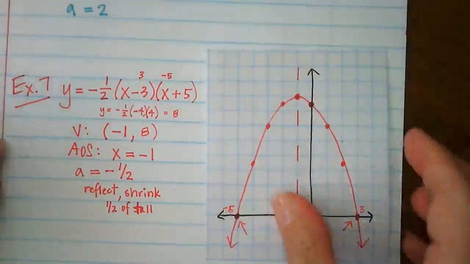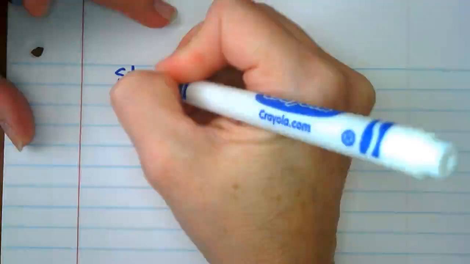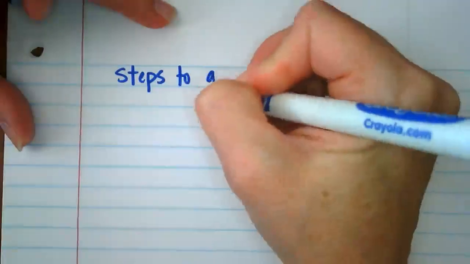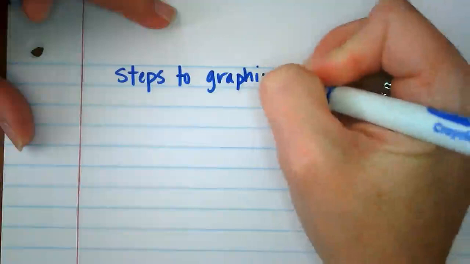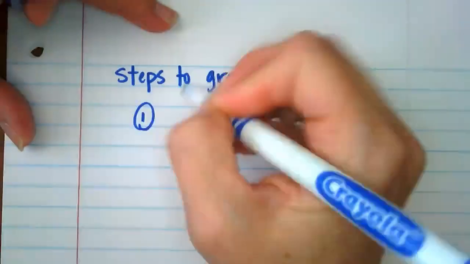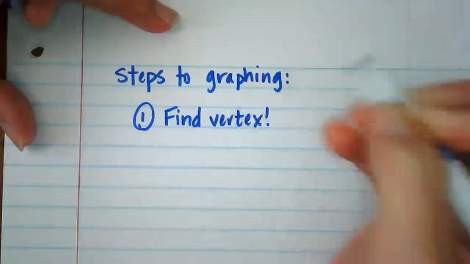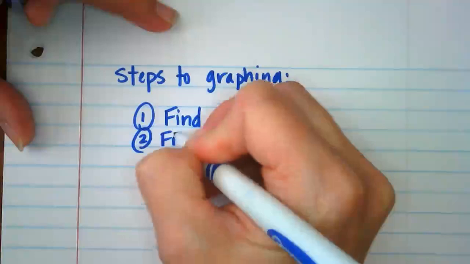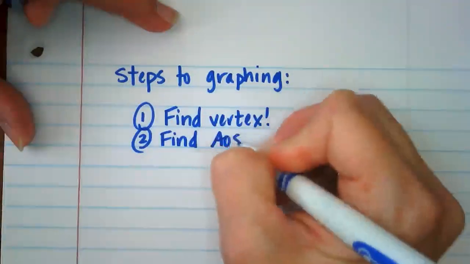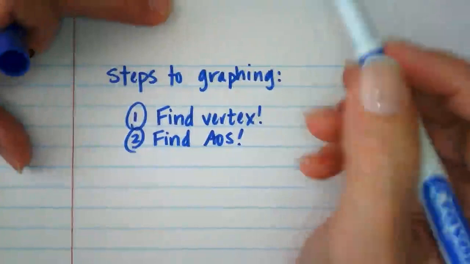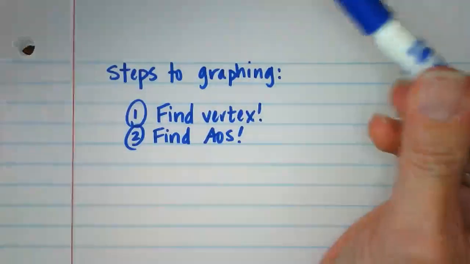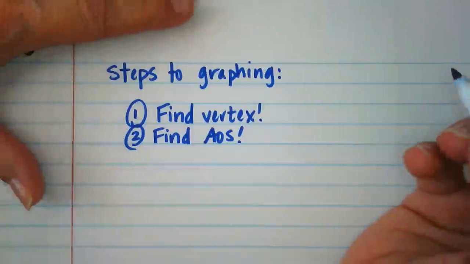So just to kind of go through your steps, I'm going to go to a new sheet of paper to just kind of lay this out here. So here are your steps to graphing. All right, so first thing, you have to find the vertex. Absolutely find the vertex and the axis of symmetry. And by now, hopefully you guys are amazing at that. Those are the two things that are going to kind of anchor your parabola onto the graph.